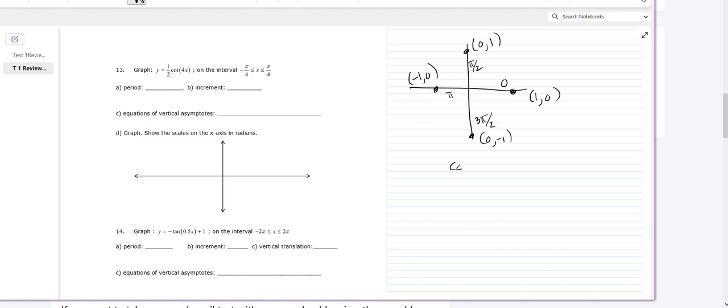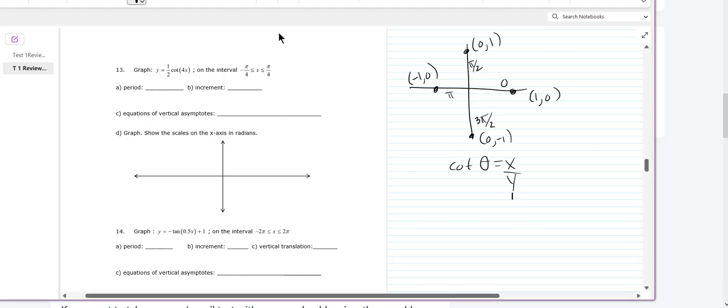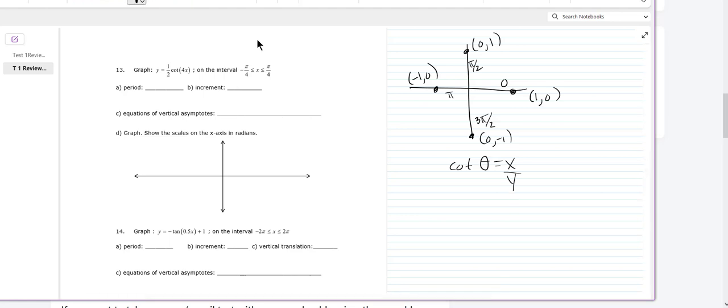Okay, like that. So here's what you have to know. The cotangent of theta is x over y. The best way to learn any math, but particularly trigonometry, is to be able to figure stuff out just based on definitions. So basically, the cotangent is undefined when y is 0. So y is 0 at these two locations.